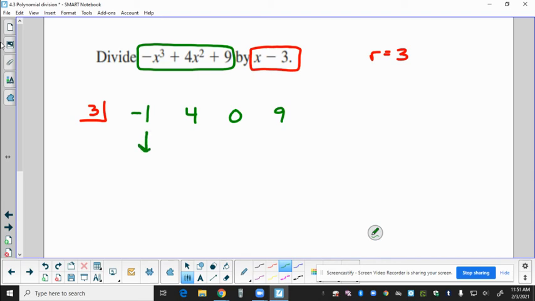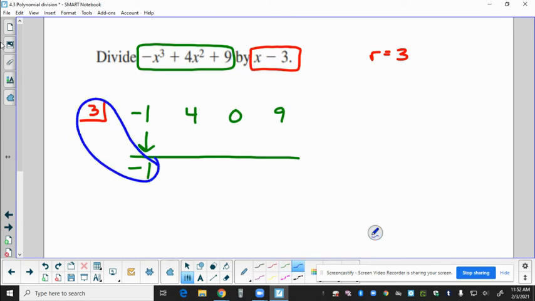I'm going to drop down my first coefficient. And I'm going to get moving here, okay? So I got to start multiplying. Identify these for everybody. Multiply those. That would be negative 3, right? Add them up.